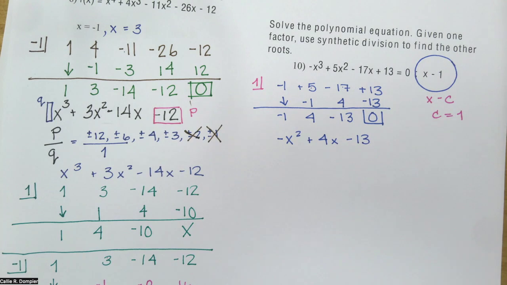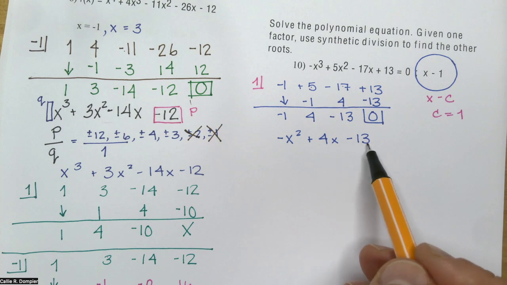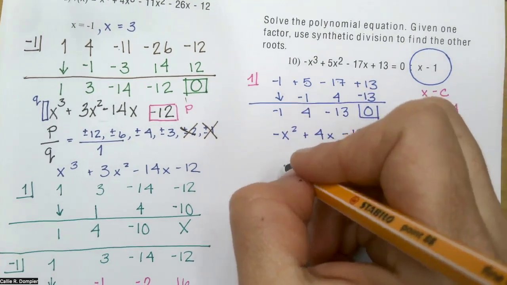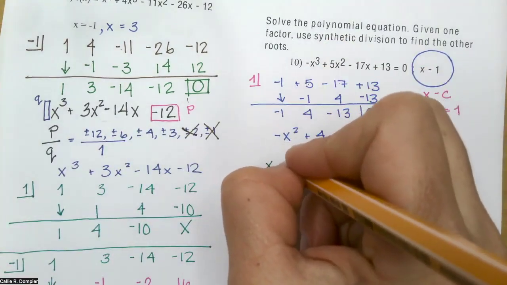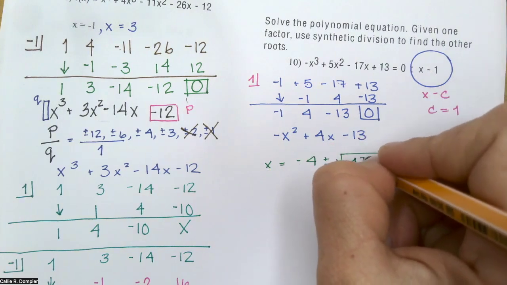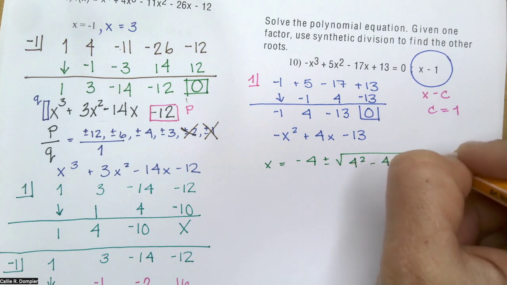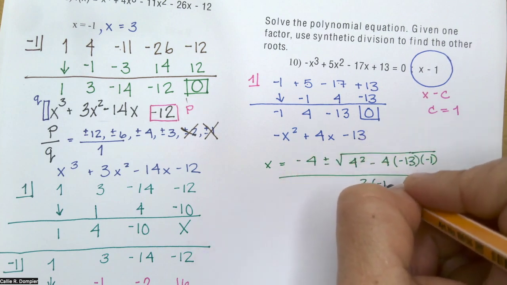Is there anything that multiplies to -13 but adds to 4? There's not. So we're going to put it into the quadratic formula. You can either use -x squared plus 4x minus 13 or x squared minus 4x plus 13 if you prefer. But basically we've got x equals -4 plus or minus the square root of 4 squared minus 4 times -13 times -1, over 2 times -1.